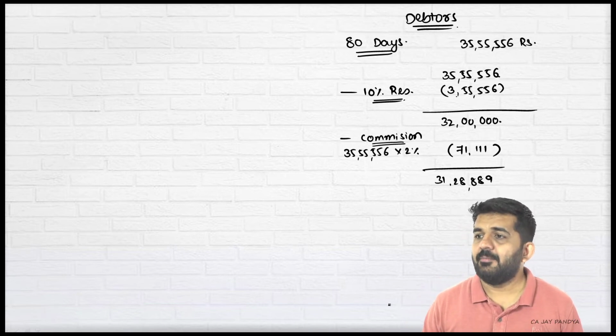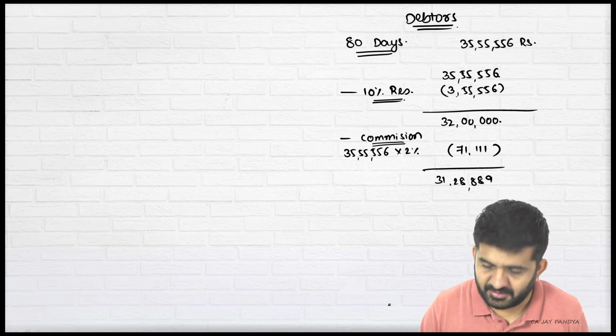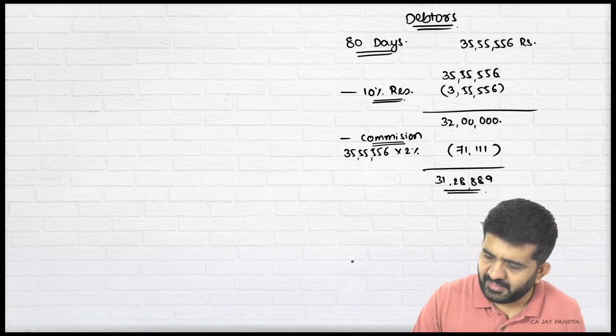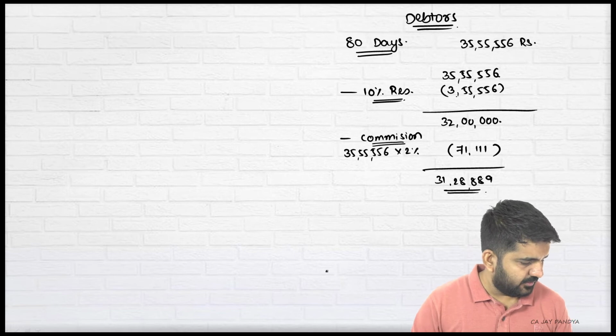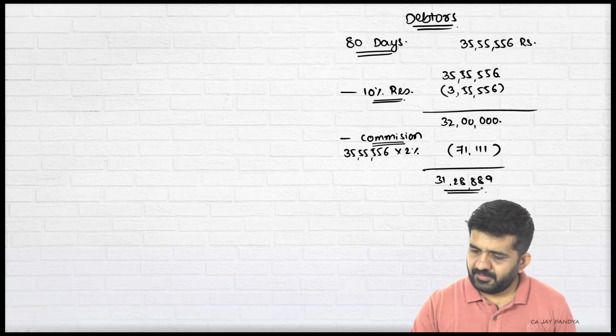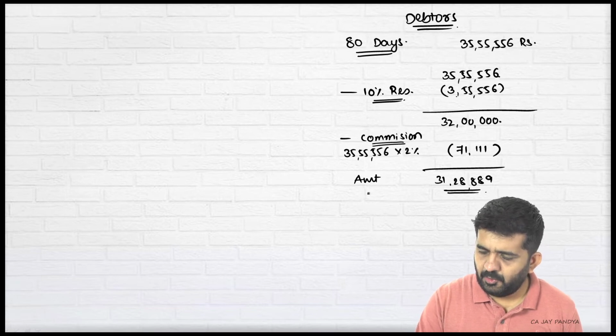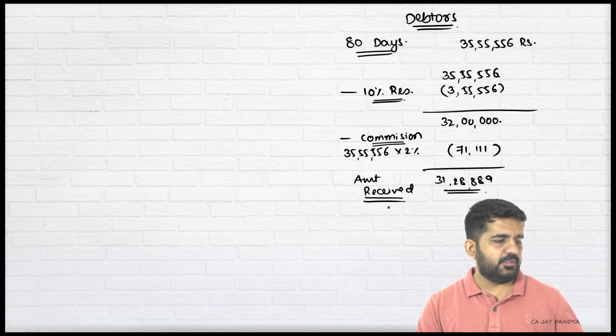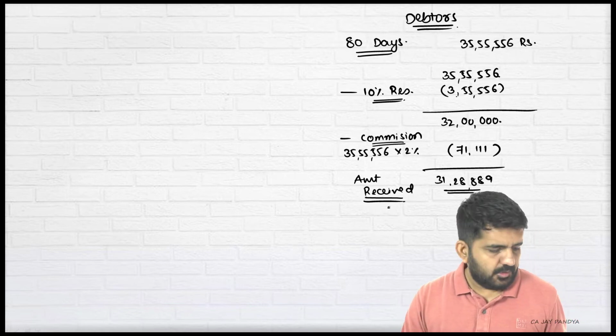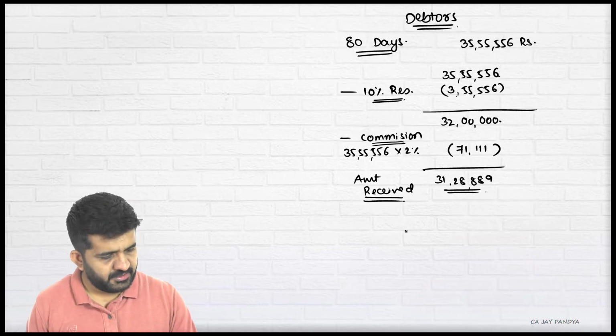This is the amount which I will be receiving. Is it alright? 31,28,889 will be the amount received. Is it alright? So let us first calculate interest on this.